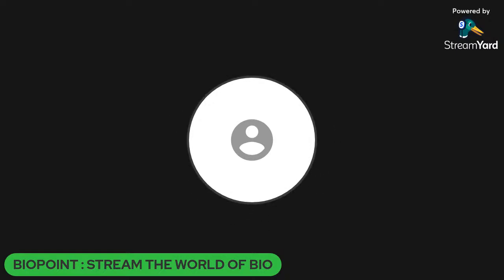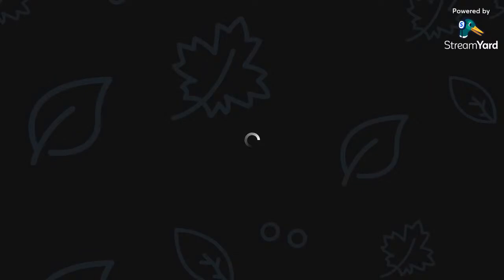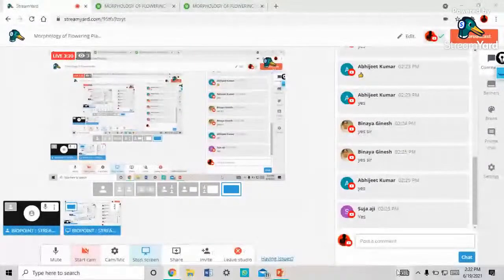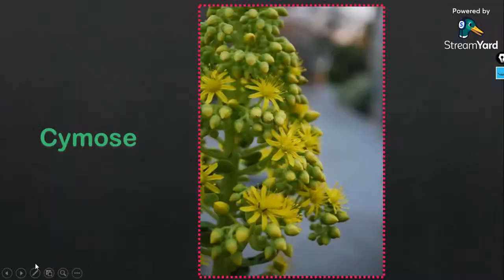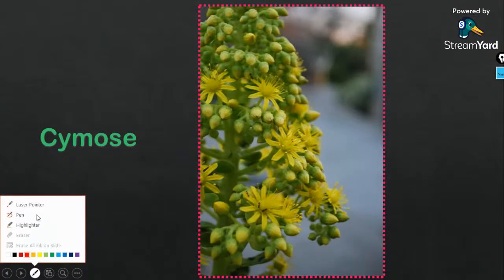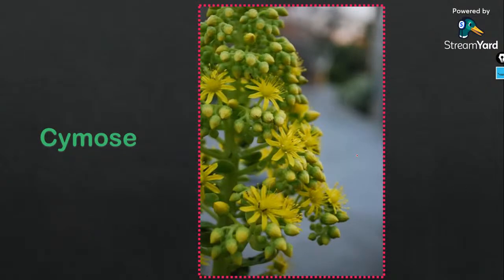So let's continue with today's session. So guys, this is the cymose inflorescence. Just look at the difference. Cymose inflorescence means the younger flowers are at the base. Look, the younger flowers are at the base, and the mature flowers are at the top.